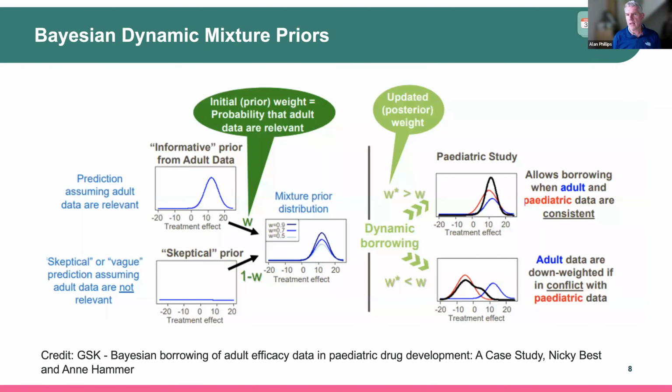The best way is probably illustrated here, which I borrowed from a GSK slide. As an example, let's suppose that you're interested in pediatric drug development and you've got some information from an adult development program. That's your historical information.